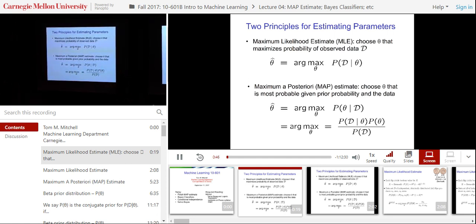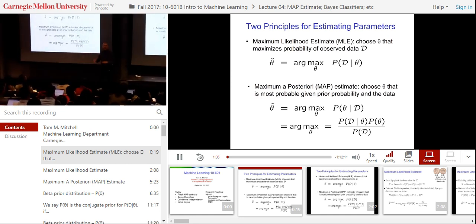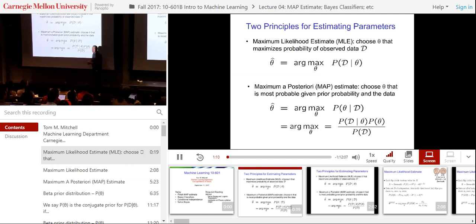One approach, which we call the maximum likelihood approach, is to follow the principle that the value we want for the probabilistic parameter, that's theta here, is the value of theta that makes the observed data, that's D, as probable as possible.